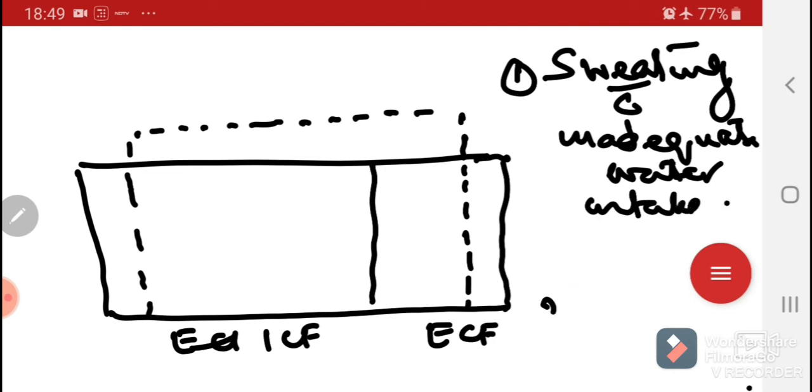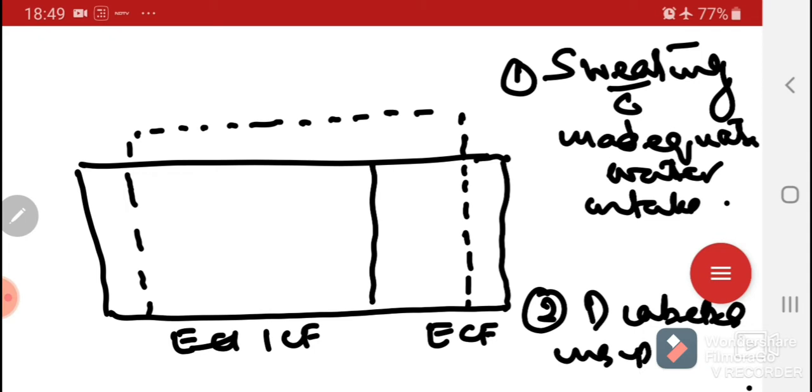Number two is a person suffering from diabetes insipidus, when a person forms a lot of hypotonic urine. So in both conditions, what we see is that the osmolarity of the ECF and ICF is raised, and there is loss of fluid from ECF and secondarily from the ICF also.